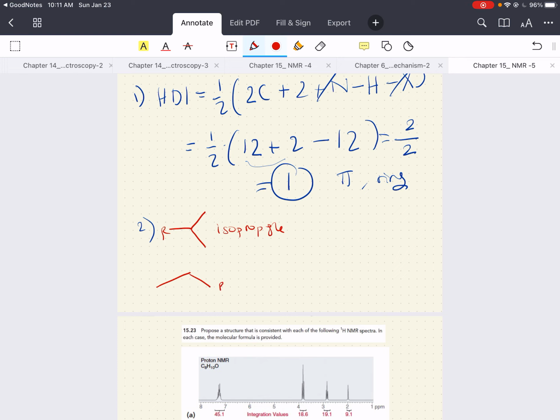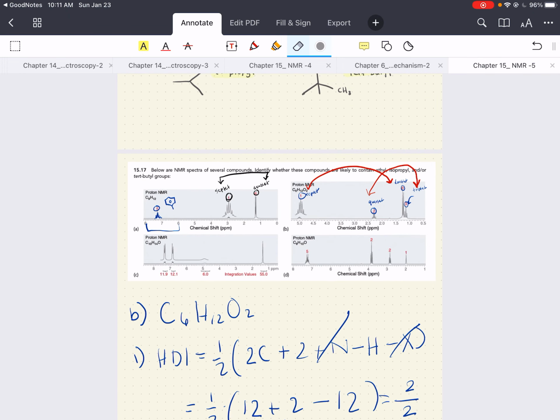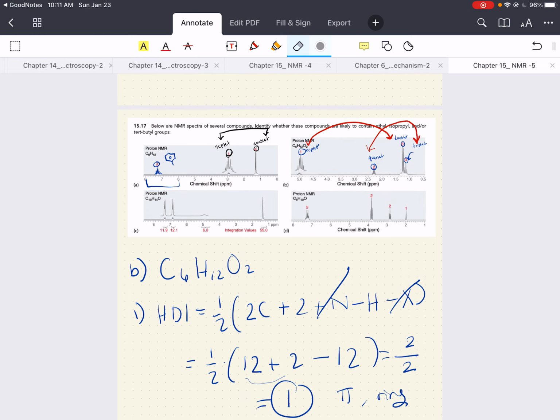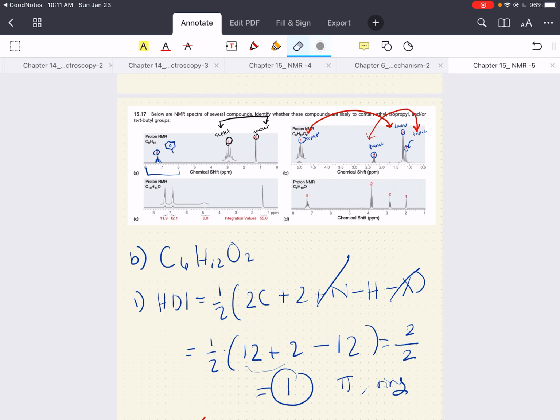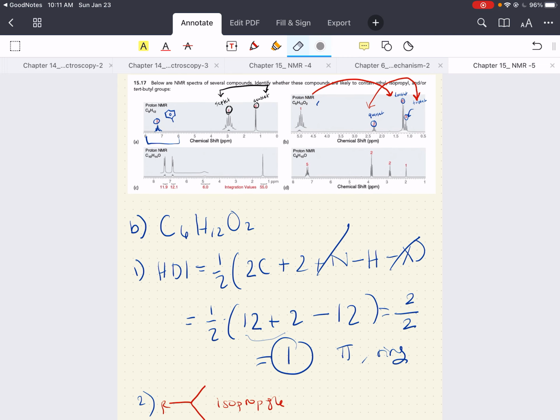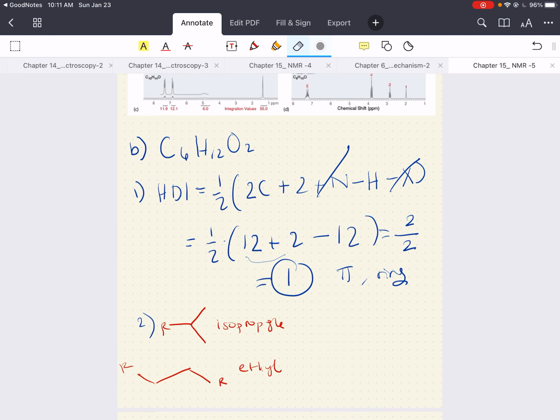So we have an isopropyl group and an ethyl group, and we know we need either a pi bond or a ring, because we have a hydrogen deficiency index of 1. Our molecular formula says that we have 2 oxygens.